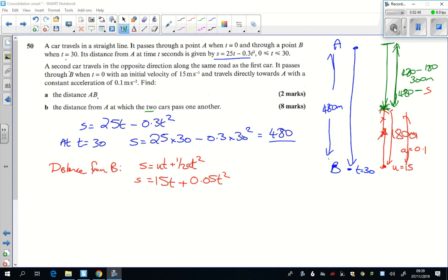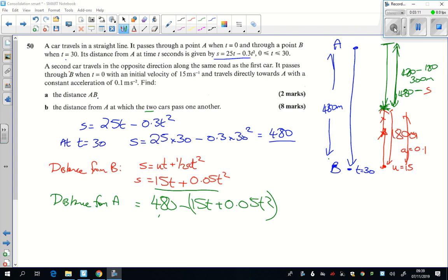And that's what I'm going to write here. What we're going to have is the distance the second car is from A is equal to 480 take away this thing. Made a mistake there. Take away that whole thing.